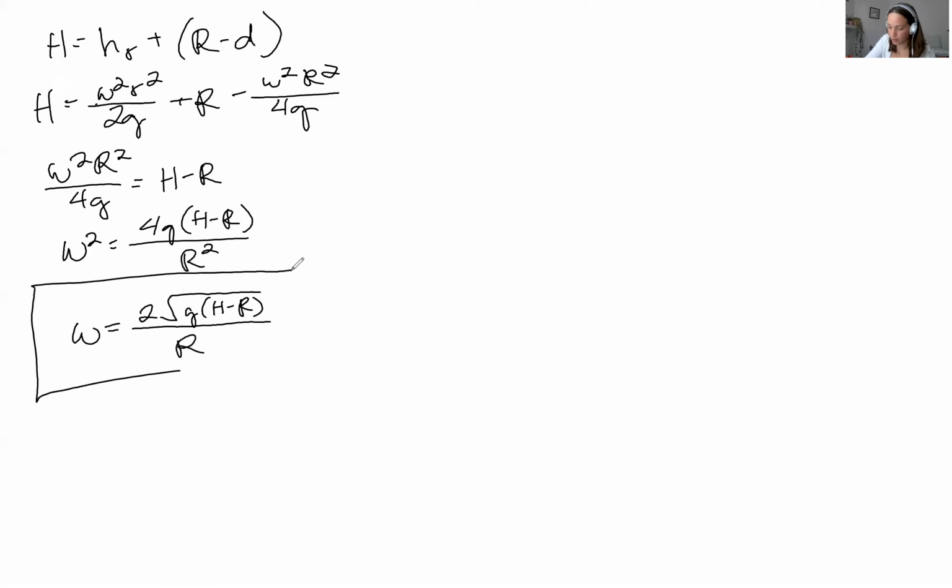And there you have it. That is our equation for the maximum angular frequency we can spin the cup before our fluid spills out at radius r and height h.